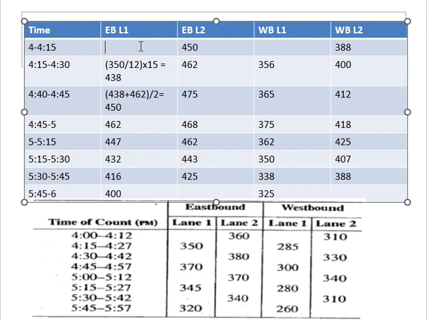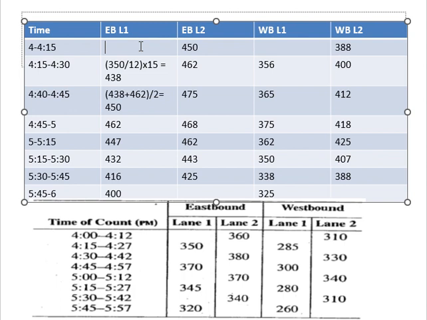For extrapolation, we will take the difference of the next two values and apply it to the immediate value. What are the next two values? 438 and 450, right? So you take the difference, and whatever the difference is, you apply to the immediate value. What is the immediate value? 438.